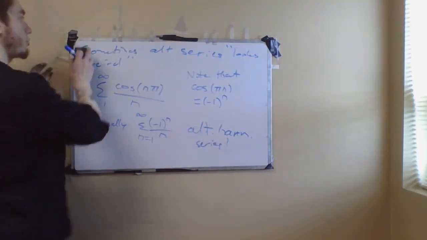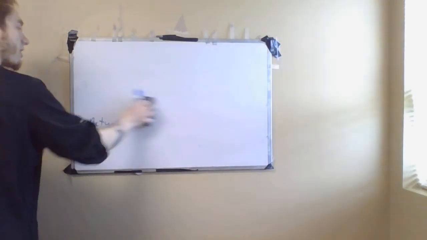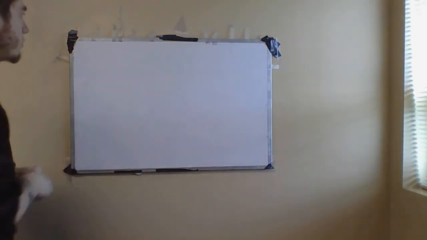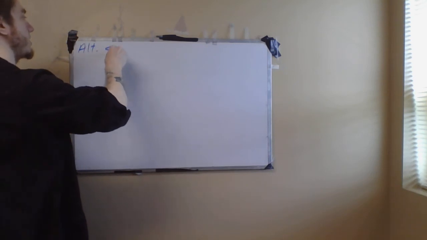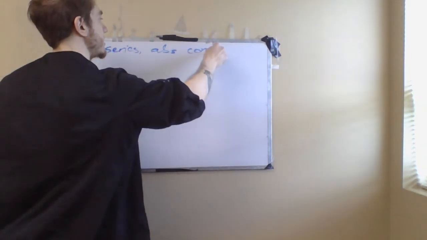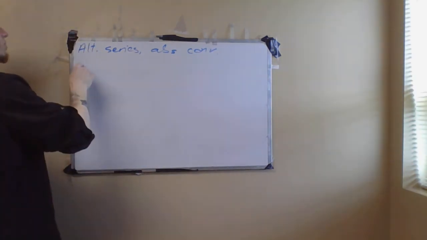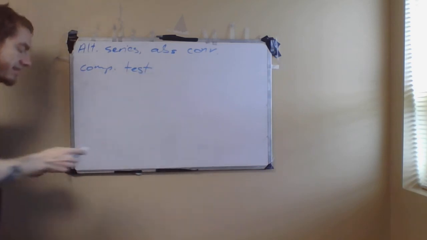Okay, so let's summarize the things we've done today, because we've said a few different things, and I want to make sure that you are aware of all of them. I also want to make sure that I'm aware of all the different things I said. So we started off by talking about alternating series, absolute convergence, and then we also looked at the comparison test in the process.